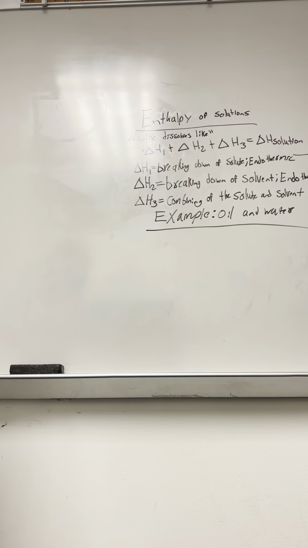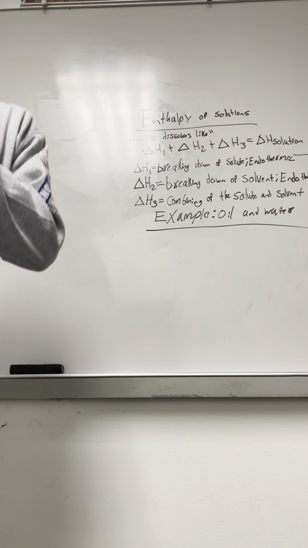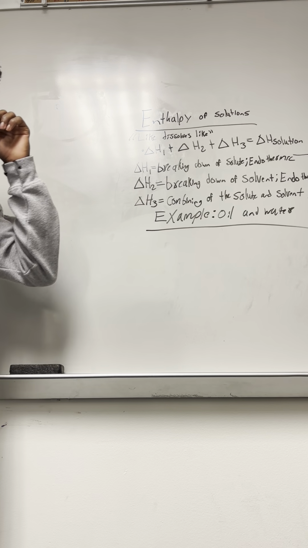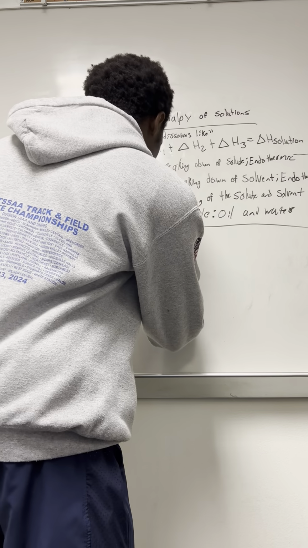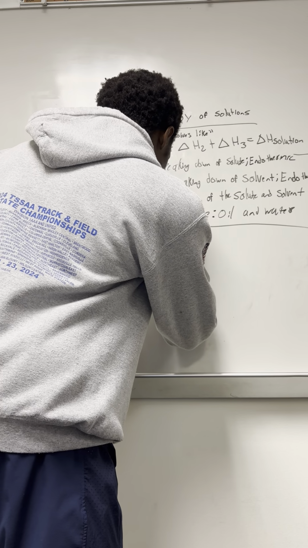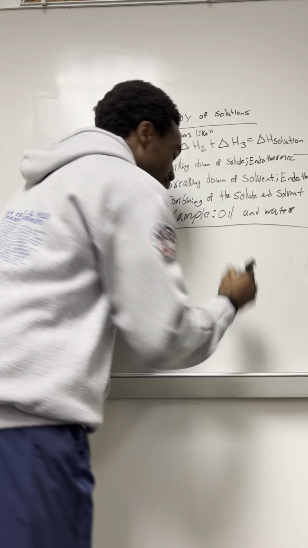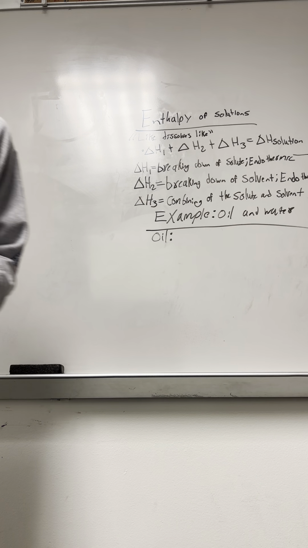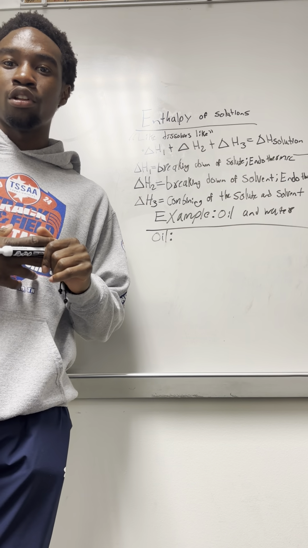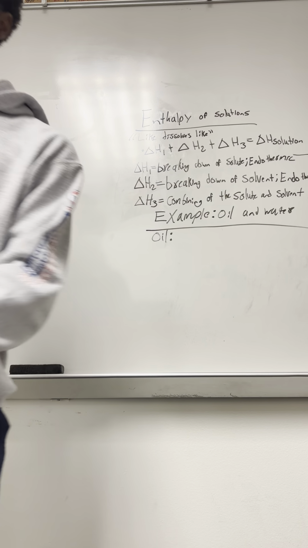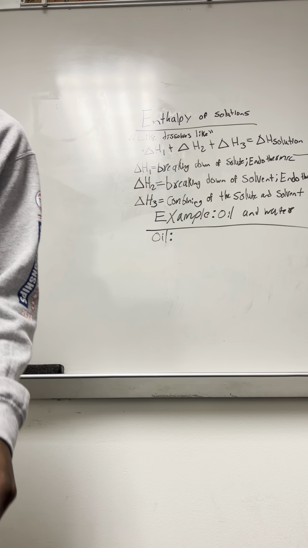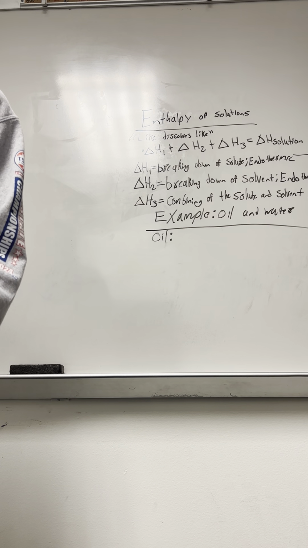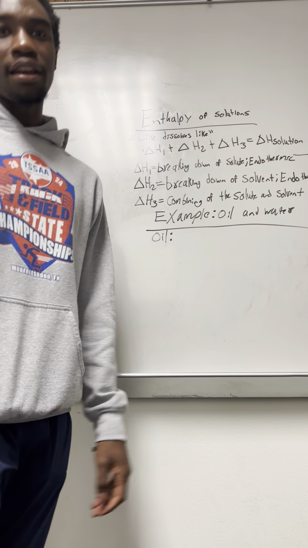So if we use the example of oil and water, first we'll have to break down the oil and see what intermolecular forces the oil has. Oil is usually non-polar, and it usually doesn't have a lot of OH groups. It's not like water, which is polar because it has oxygen and hydrogen, which forms an OH group. But oil is usually non-polar because it has a lot of carbons and hydrogens.